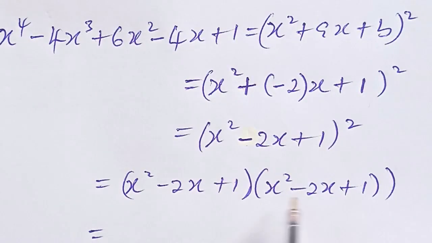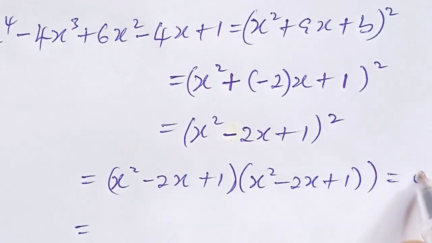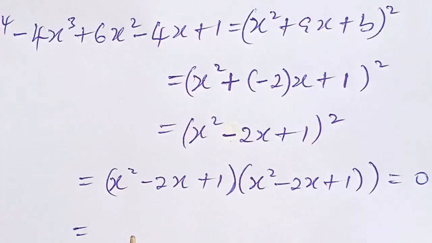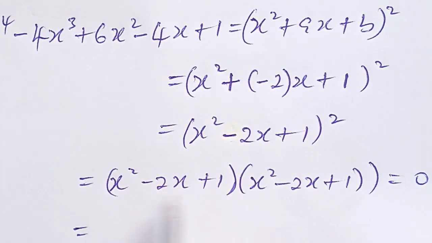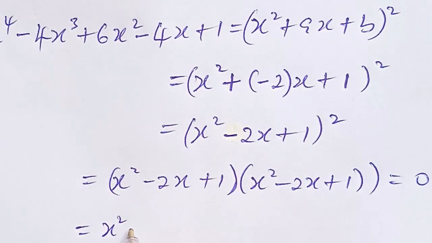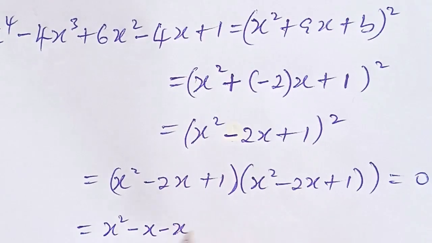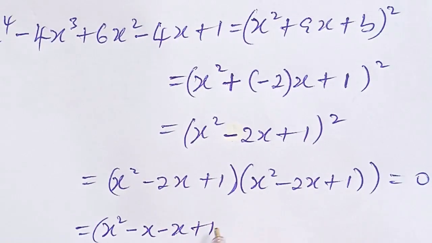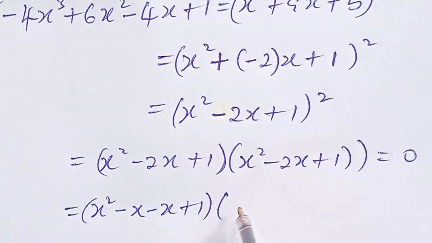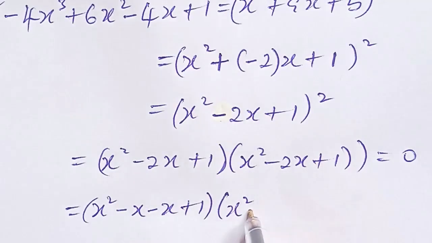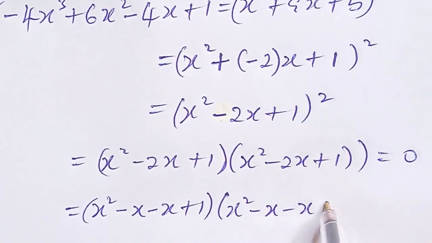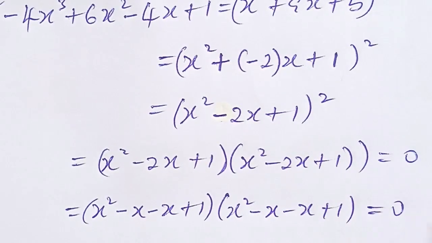To expand this to a quadratic equation, to get all the possible values of x, this is equal to 0, so we have this x squared minus 2x plus 1 equal to 0.